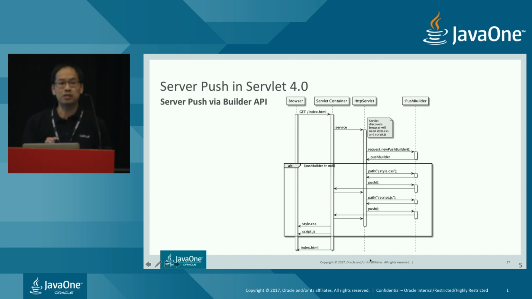So now with this particular setup, we save the two trips. We save the trip from the browser to the server again to ask for the style sheet and to ask for the JavaScript. This is a big advantage because in our previous diagram, when you have an index.html, you try to get the style sheet and the JavaScript, but we do not immediately get it.